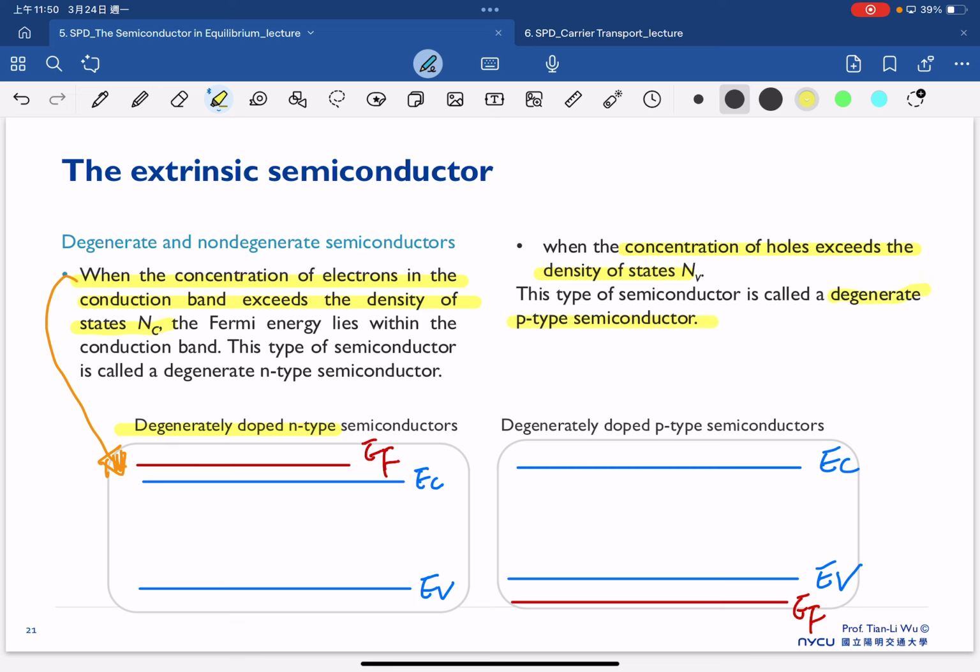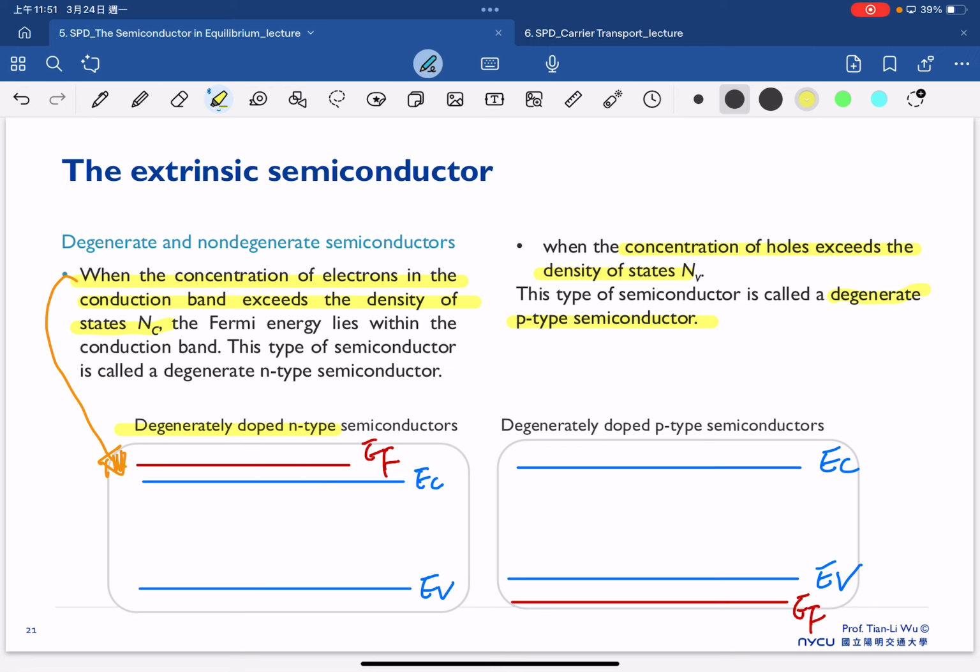The meaning of the name of this kind of semiconductor, degenerate, is relatively difficult to think about, because even if you try to translate it into Mandarin, it won't help. But you can consider that in this case, you actually transform the semiconductor toward a metal. If you look at the band diagram for a metal, that would be very similar to this case. This is a case where you have extremely high doping.